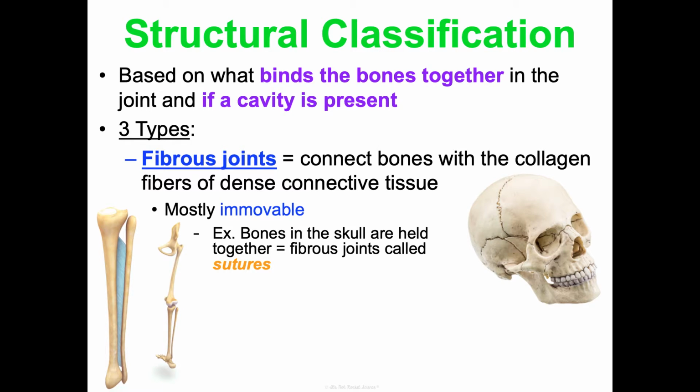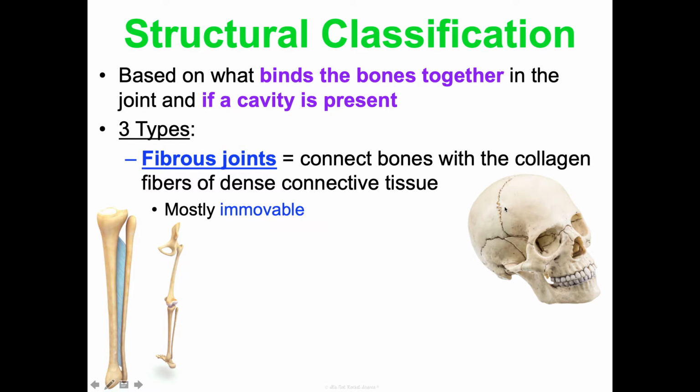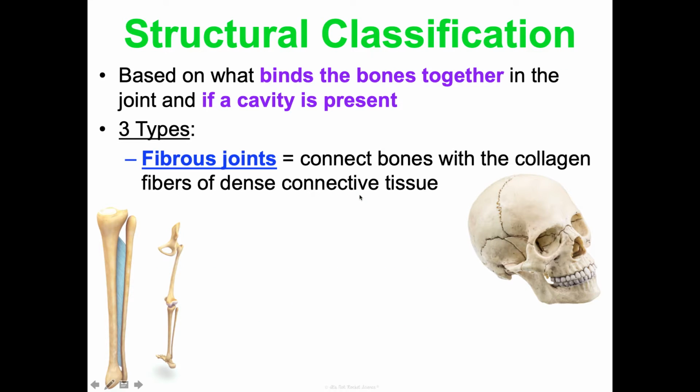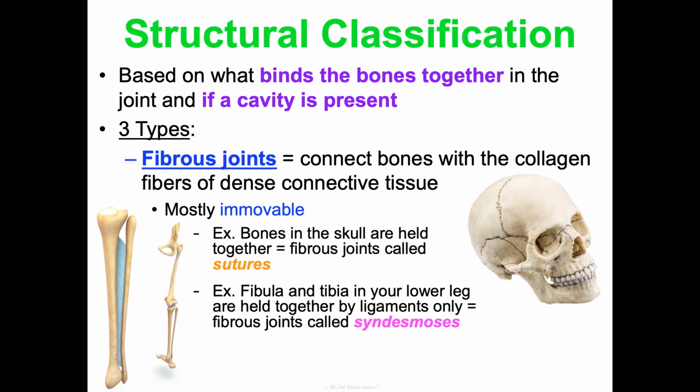So for instance, these are like your bones in your skull. They're held together by fibrous joints, which we specifically call sutures. Now remember, since they're immovable, most of these are considered to be synarthroses. So there's some overlap here.